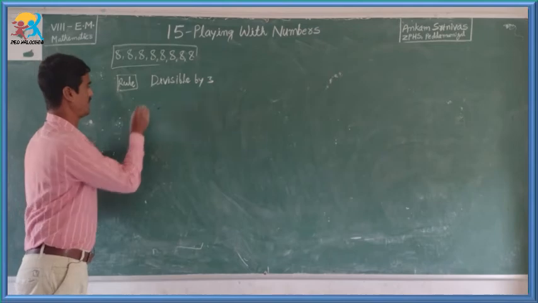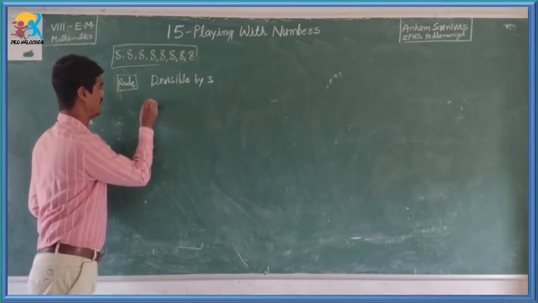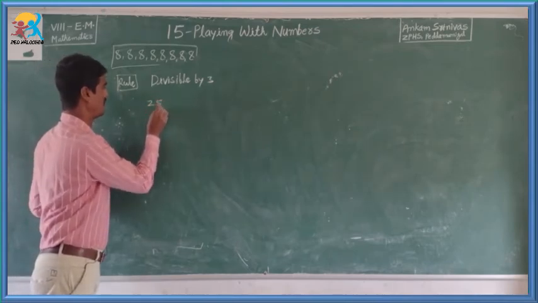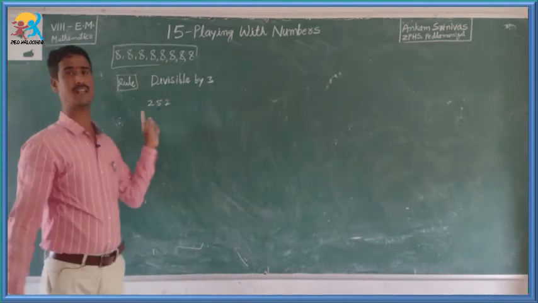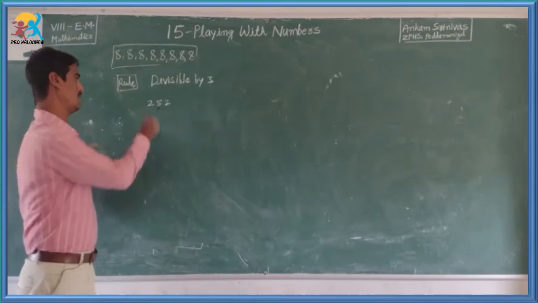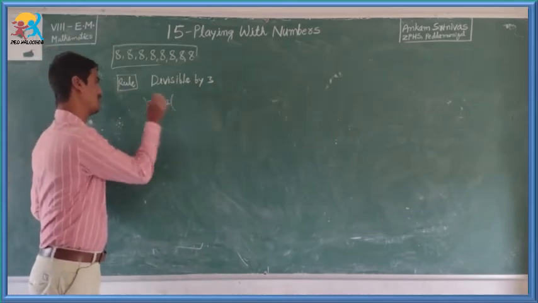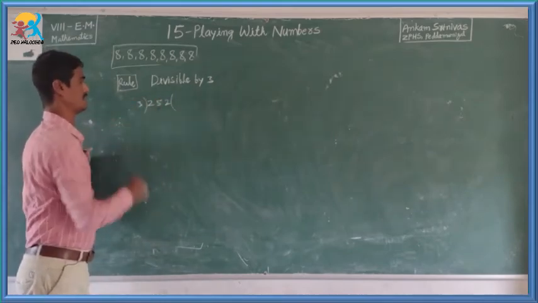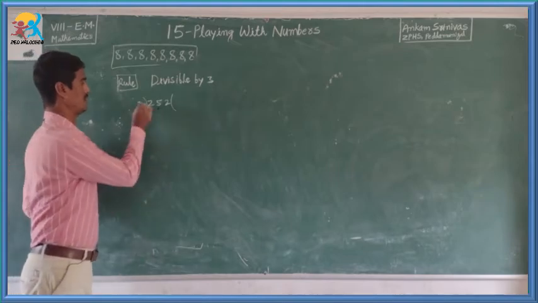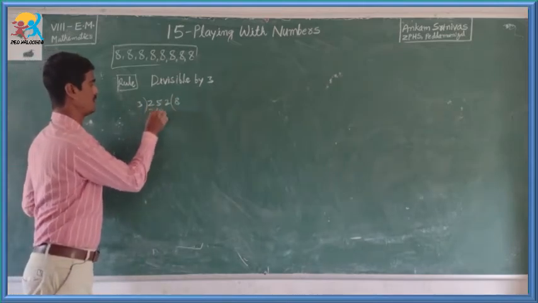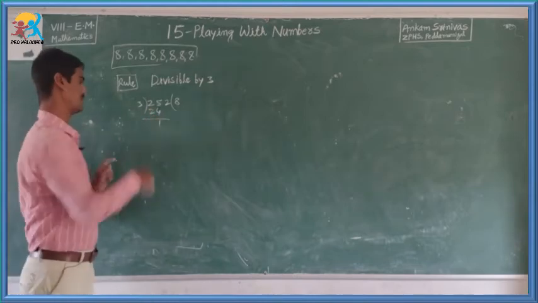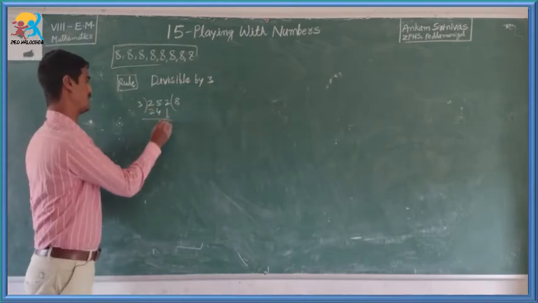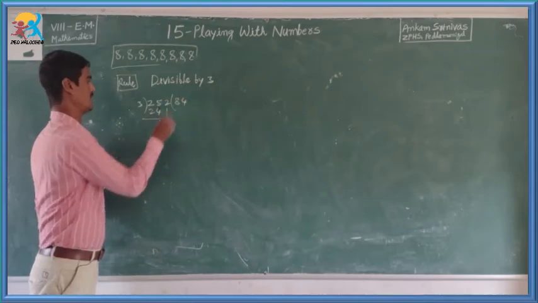Dear children, if I take the number 252 and divide by 3: 3 8s are 24, 25 minus 24 leaves 1. Bringing down the 2, 3 4s are 12.